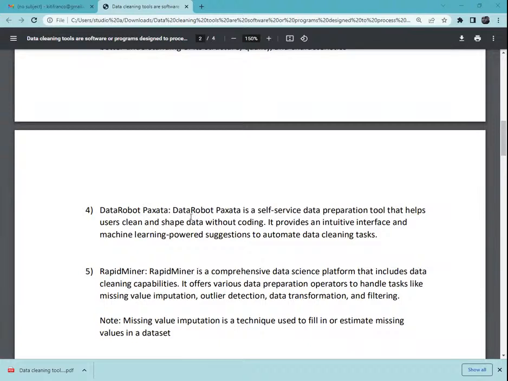DataRobot Paxata is a self-service data preparation tool that helps users clean and shape data without coding. You shall not be coding at all. It provides an intuitive interface, and remember we say the word intuitive means easy to understand. Intuitive interface and machine learning powered suggestions to automate data cleaning tasks.